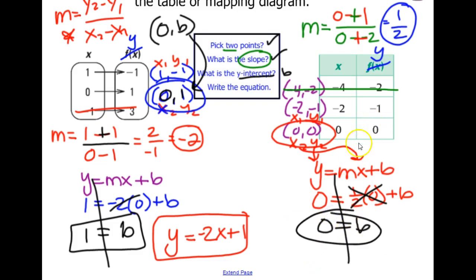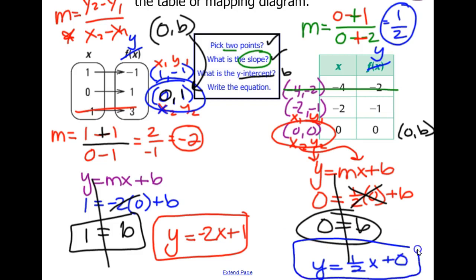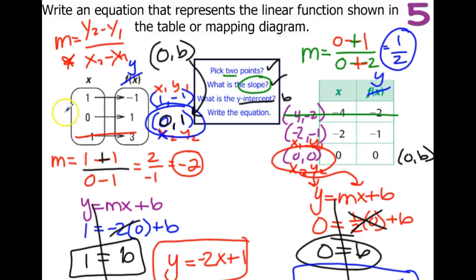Well, isn't that what we said here? 0 comma b, well, 0 would just be 0. So our equation is y equals mx plus b, so m is 1/2, x plus b, which is 0. So we did the same thing we did here. The only difference is it's given to us in a table instead of listed as 2 points.